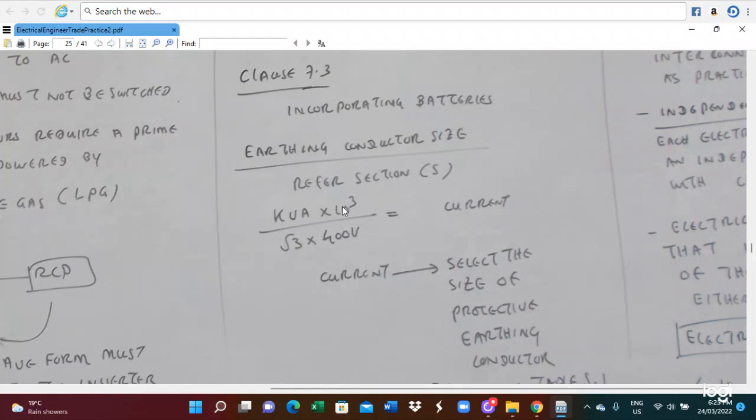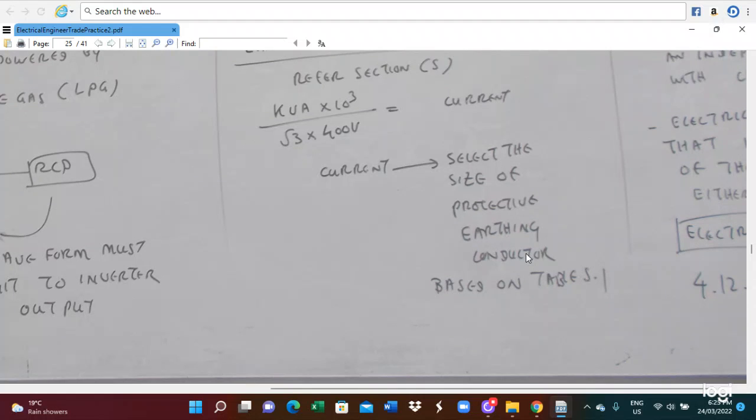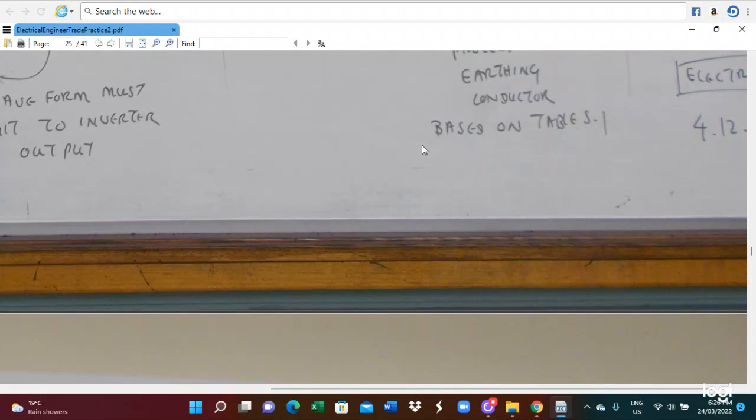In this case, using the formula kVA times 10 to the power 3 divided by 240 volts, we get the current. Using the current, we need to select the size of the protective device and earthing. So in this case, we might utilize table 5x1.